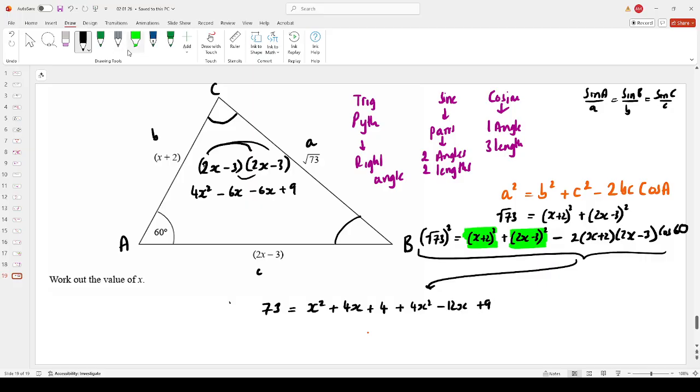Where'd you get 5? Oh, you simplified it. Good. Great work. Can everyone expand this, please? So these two make 5x squared. And 4x and minus 12x is minus 8x. And 4 plus 9 is 13.